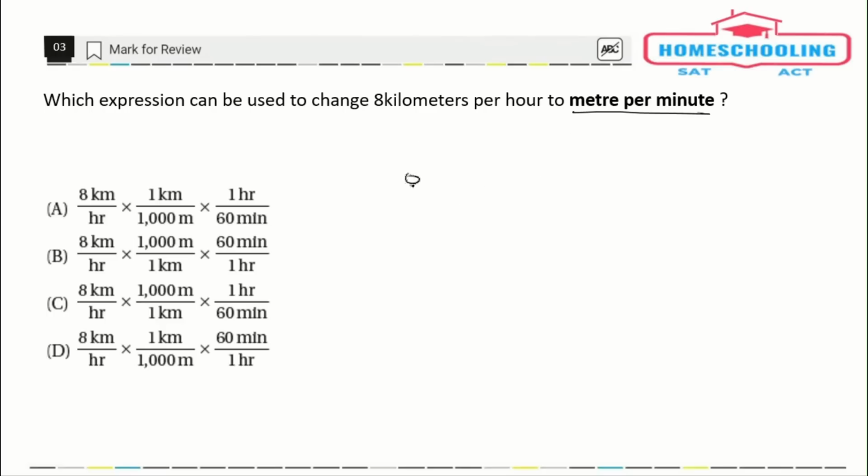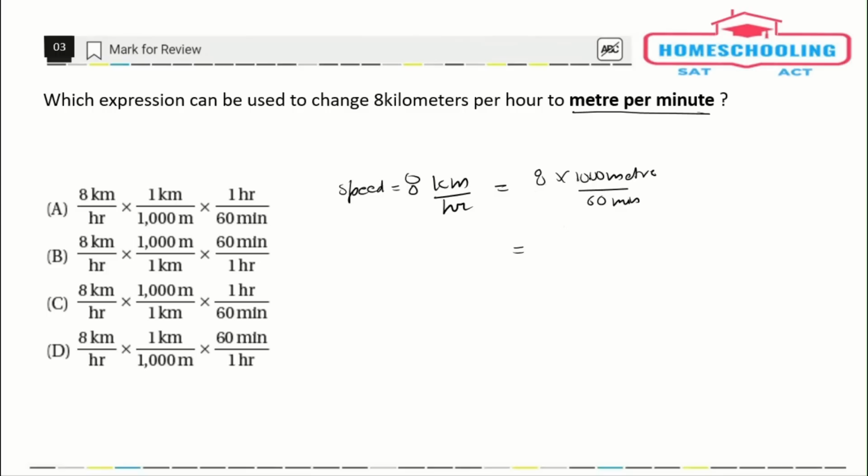The speed is 8 kilometer per hour. So 8 kilometer can be written as 8 into 1000 meters, and 1 hour has 60 minutes, so this can be written as 60 minutes.